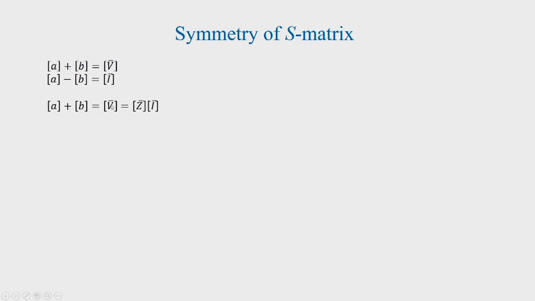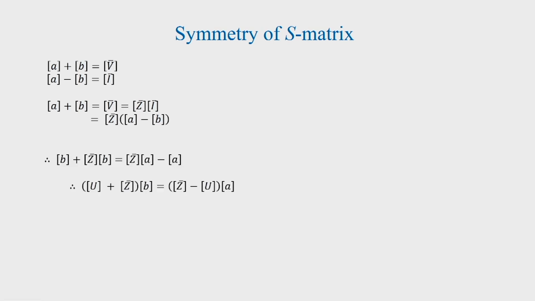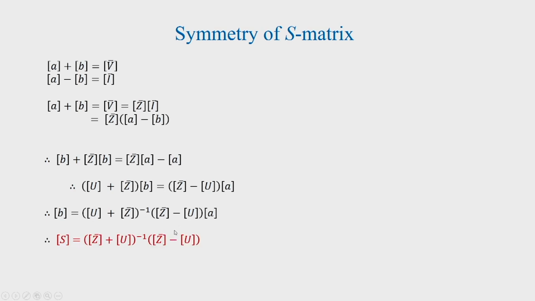Now, V bar can be replaced as Z bar I bar, and then we replace I bar, and then rearranging the terms, we can write B to be (U plus Z bar) inverse into (Z bar minus U) A. Now, this essentially gives the S matrix, the scattering matrix S, in terms of the unity matrix U and normalized Z matrix.